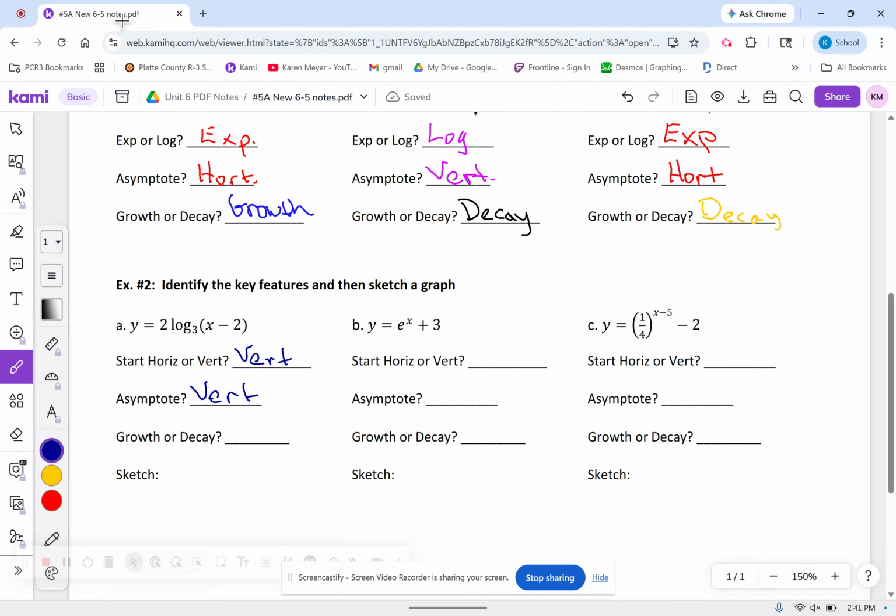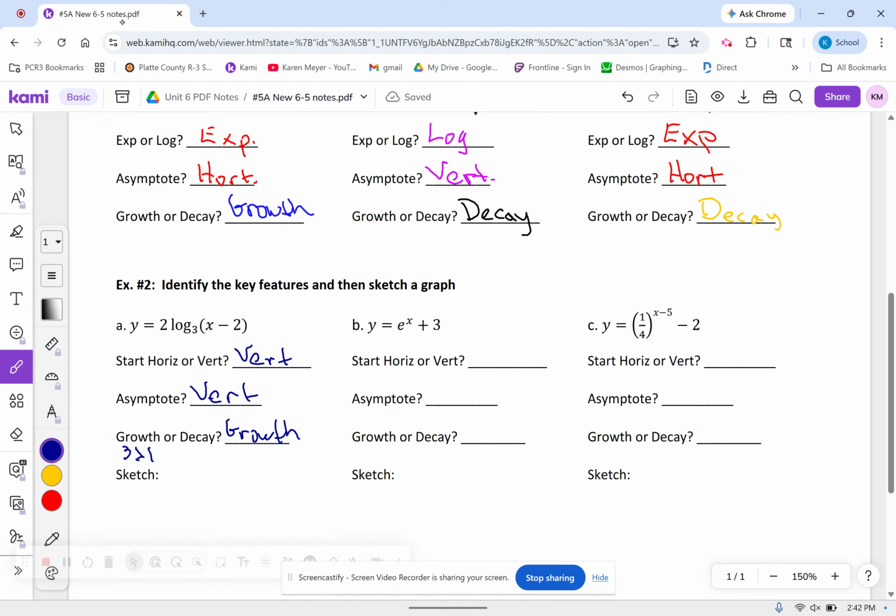Our base number is 3. 3 is larger than 1. So if it's greater than 1, that makes it a growth. Okay, so I can put that down here just so you have that.